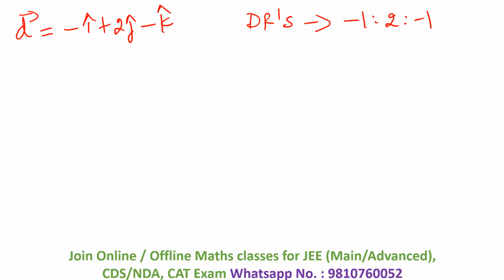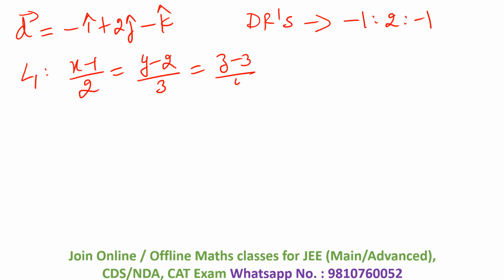Now there is another way of finding the direction ratios of the line of shortest distance. What is that way? We have the equation of line L1 as (x − 1)/2 = (y − 2)/3 = (z − 3)/4. Put it equal to lambda and get the general coordinates of any point lying on this line.